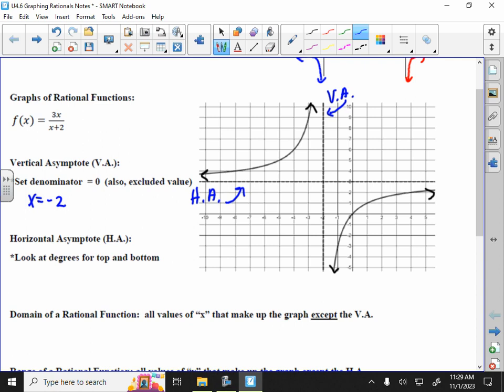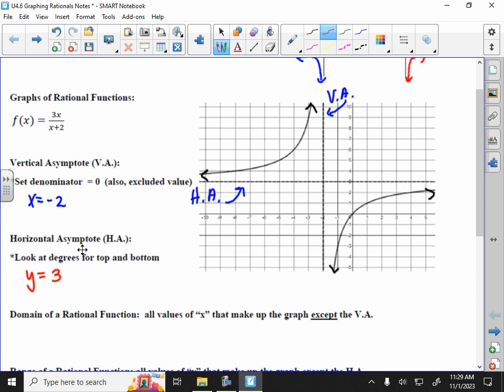Now, the horizontal asymptote, that's the horizontal line that goes through the y-axis, it's always y equals. And we can see it's going through 1, 2, 3, positive 3 on the y-axis, so y equals 3. Now, the way that we get it is based off the degrees of the top polynomial and the bottom polynomial.